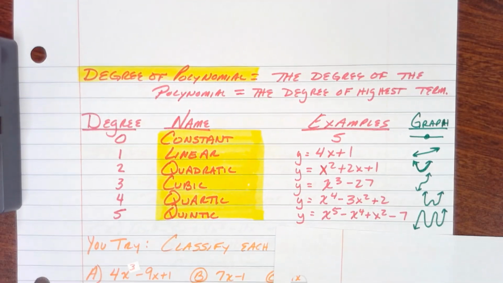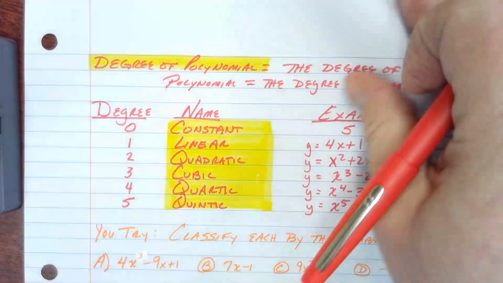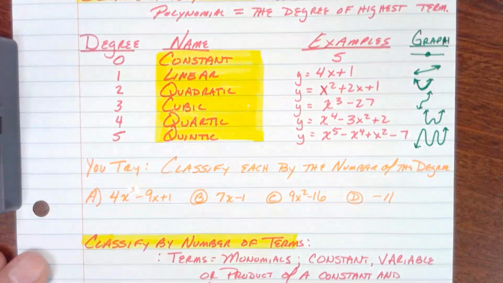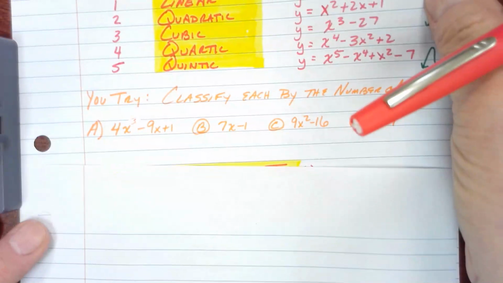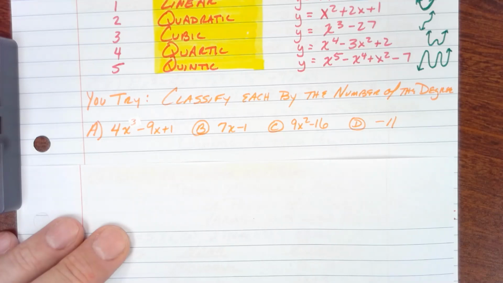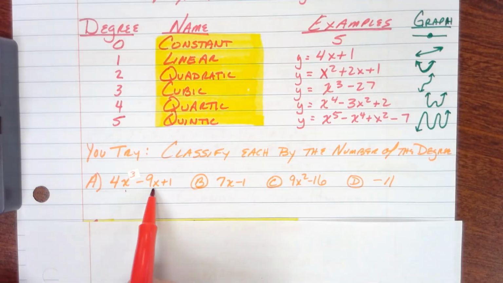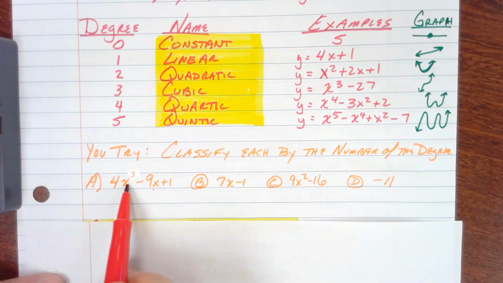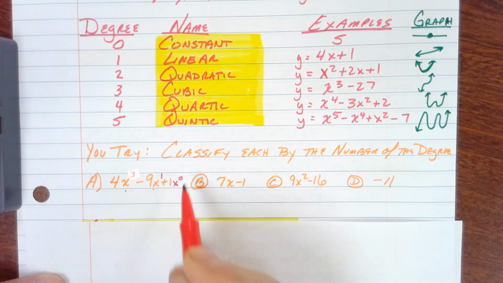Now again, I'm going to ask you to classify each of these by the degree. As you do these, you're looking at each term. This is a degree of 3, this is a degree of 1, this is a degree of 0.